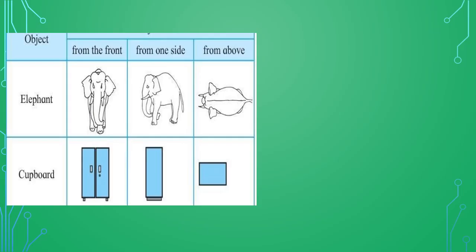The screen shows 3D objects like elephant and cupboard. Their front view, side view and top view are shown in 2D forms on paper. Remember, objects are three-dimensional, but their pictures on paper are two-dimensional.